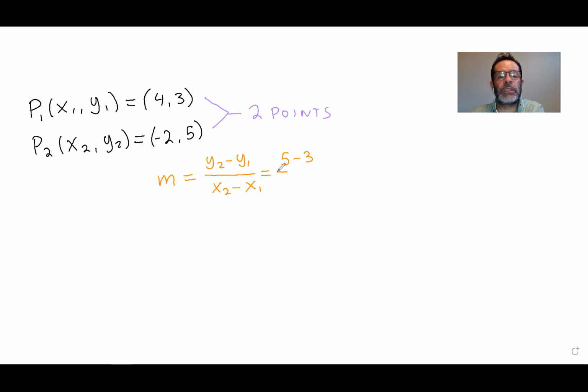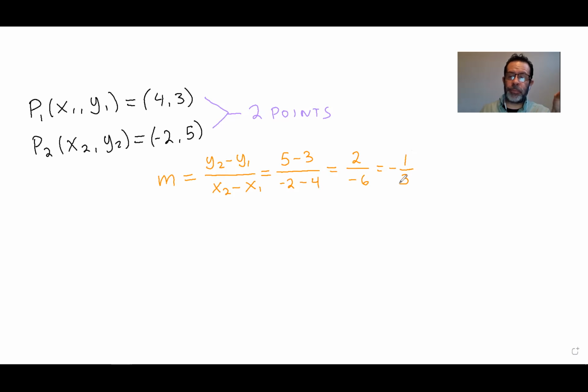It's very important when we're doing these calculations to be mindful of the signs. 5 minus 3 over -2 minus 4. 5 minus 3 is 2. -2 minus 4 is -6. And this is equal to -1/3.